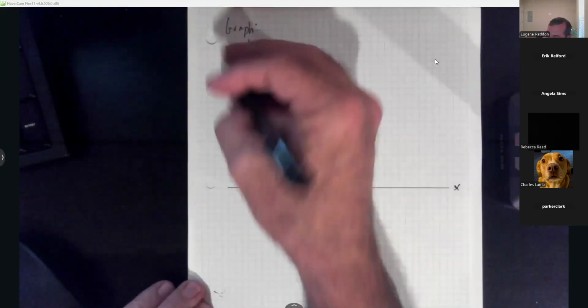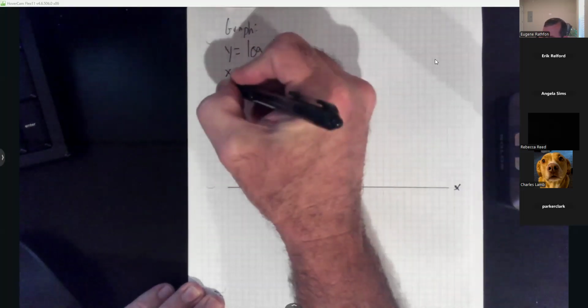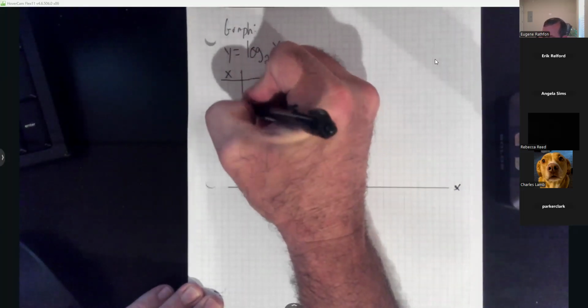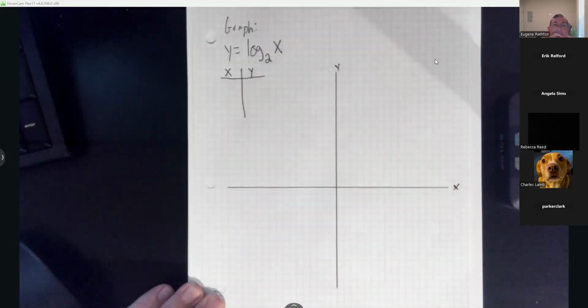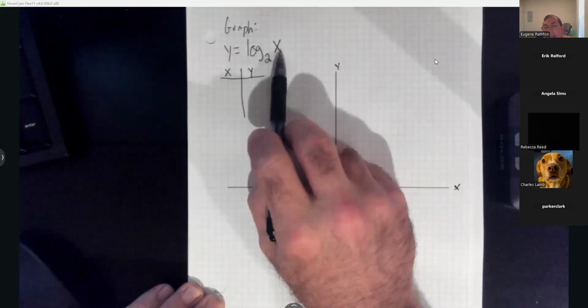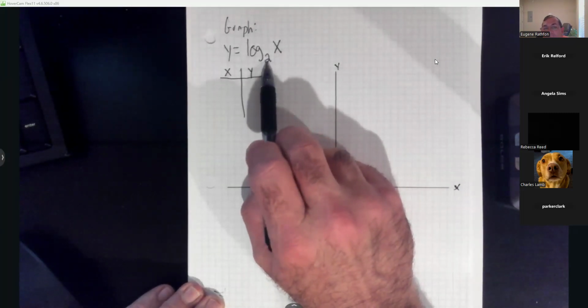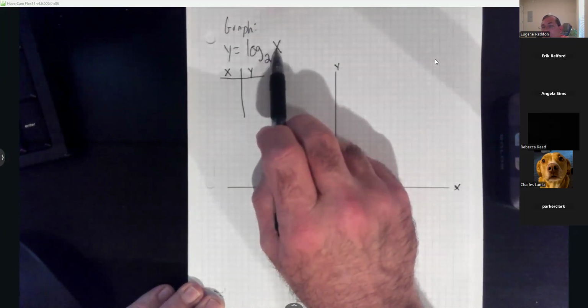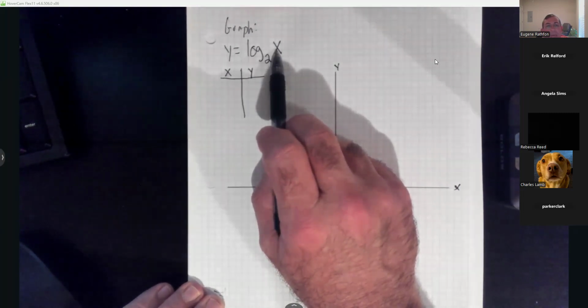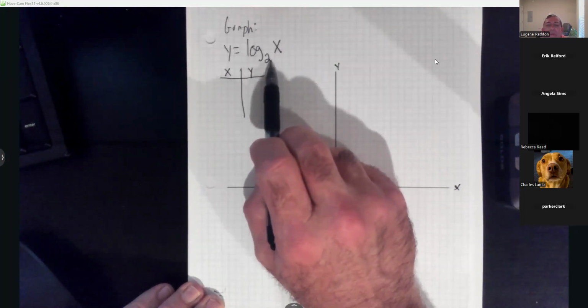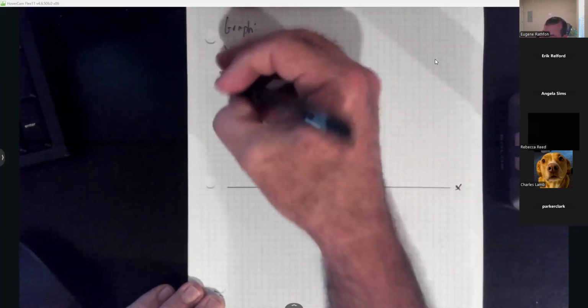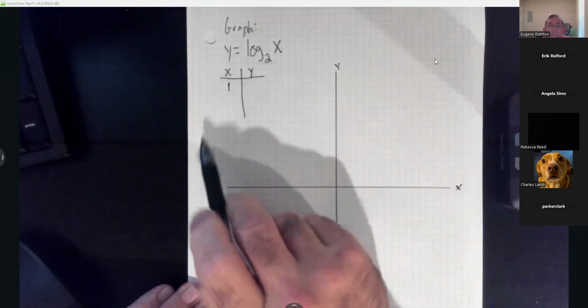All right, y'all. So I'm going to make a little graph table here real quick. Now, I can't even choose a 0 for x because there's no exponent that I can raise a 2 to make that equal 0. That's not happening in the real world. So the smallest x I can put up there would be a 1.